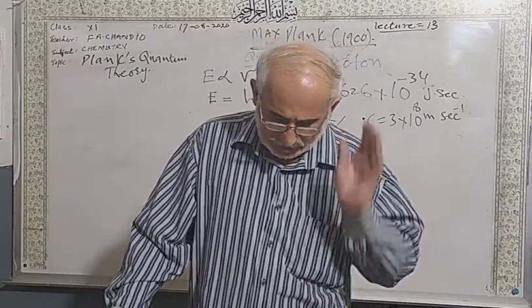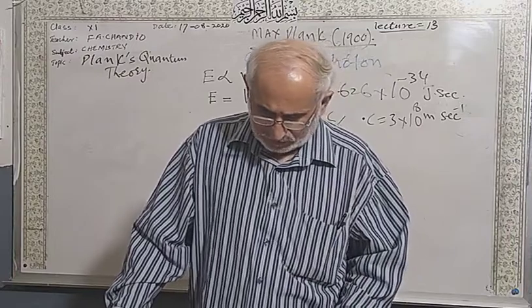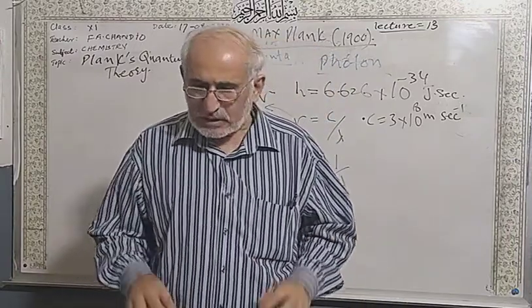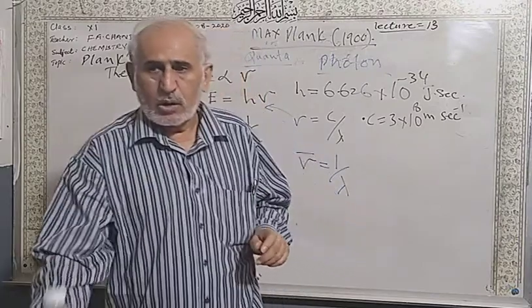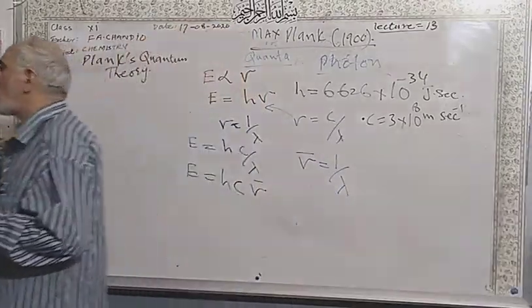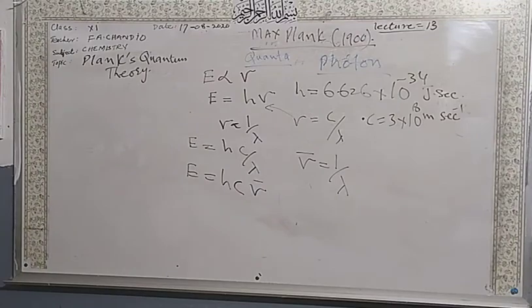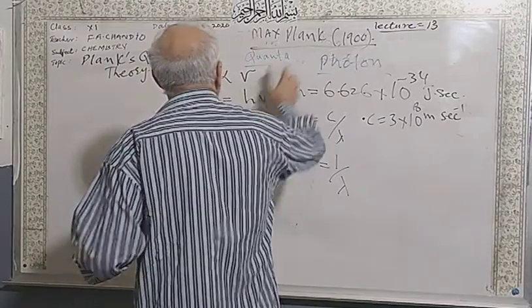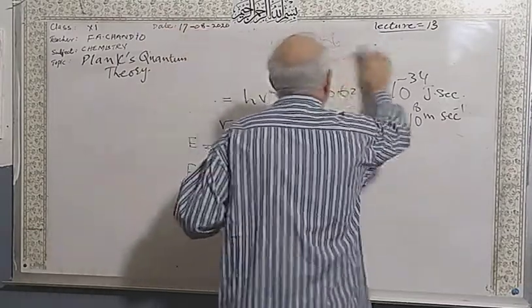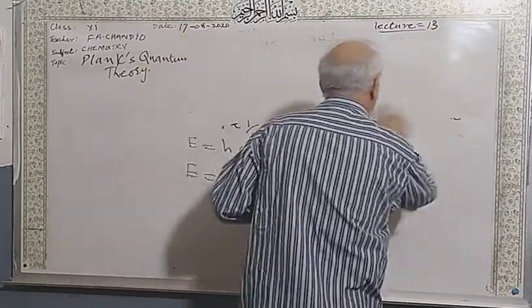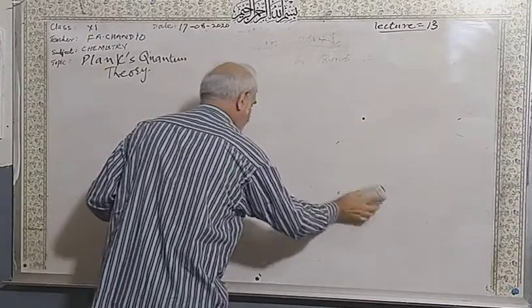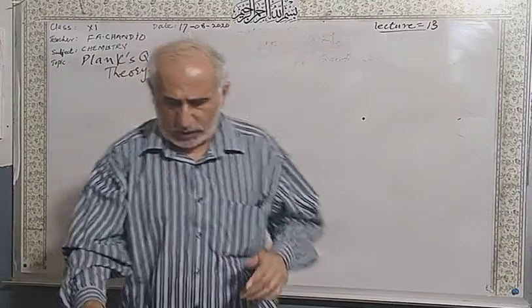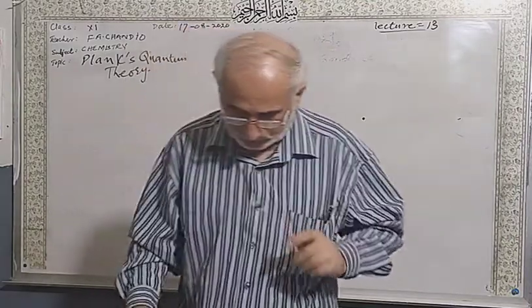So there is one numerical. You are supposed to take out your calculator. I am going to solve this. Take out the book and your calculator, it is a must.